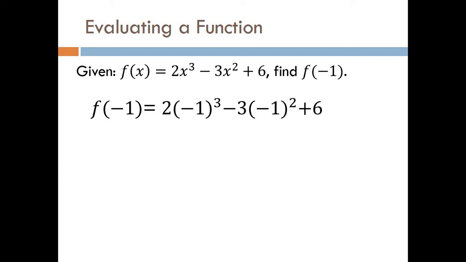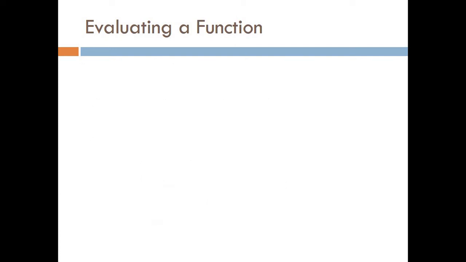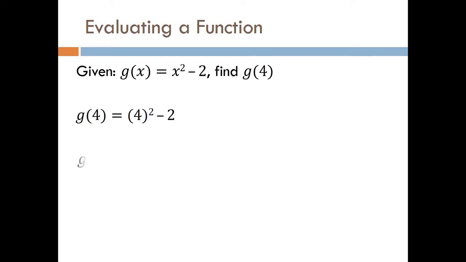Then, we solve. Okay? So, when we solve, this is what we get. So, f of negative 1, we get 1. Next, for g of x, the input is 4. So, we substitute 4 for x because that is its input. Then, we get the output of 14.